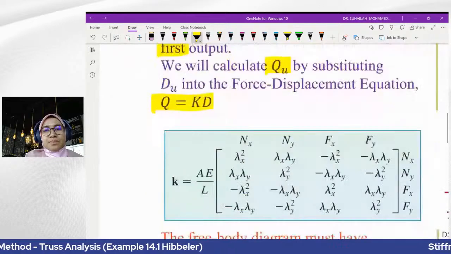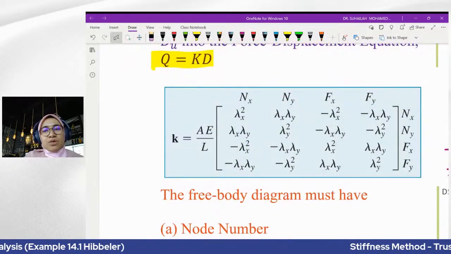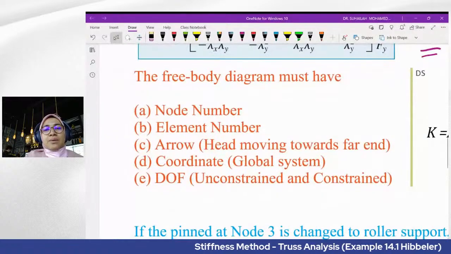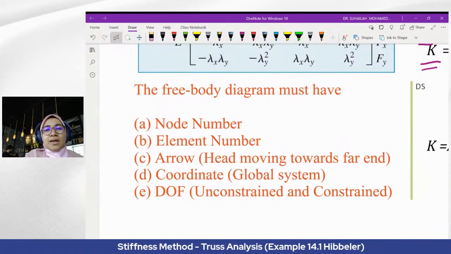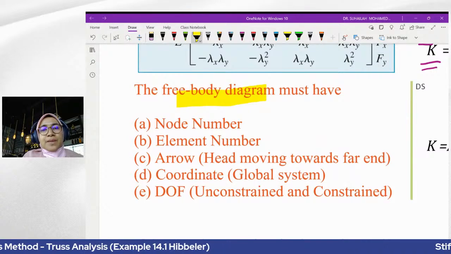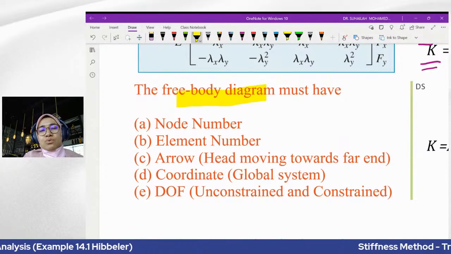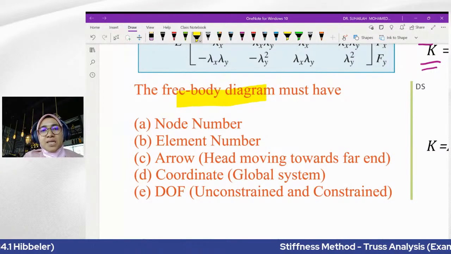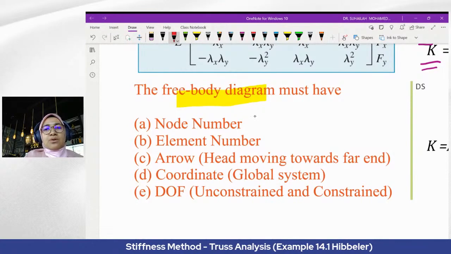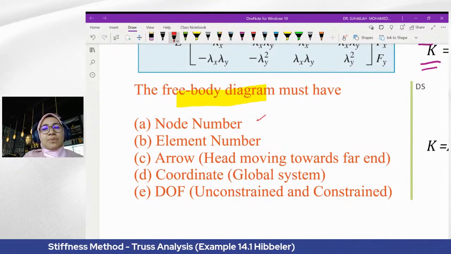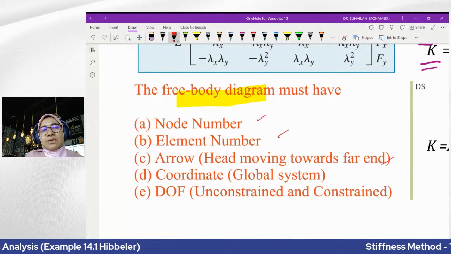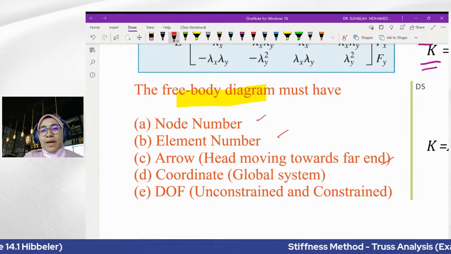So this is the formula we use to calculate K1 and K2, and these are the important things that we need to make sure exist in the free body diagram. As I explained: the node number, the element number, and the arrow, because we identify near and far end from the arrow.